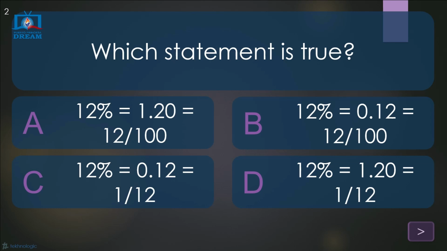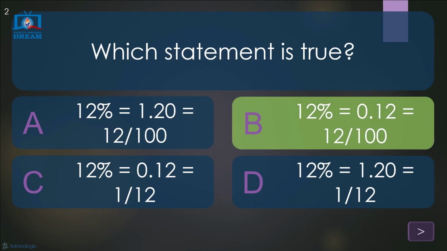D. 12% is equal to 1.20 is equal to 1 over 12. The correct answer is B. 12% is equal to 0.12 is equal to 12 over 100.